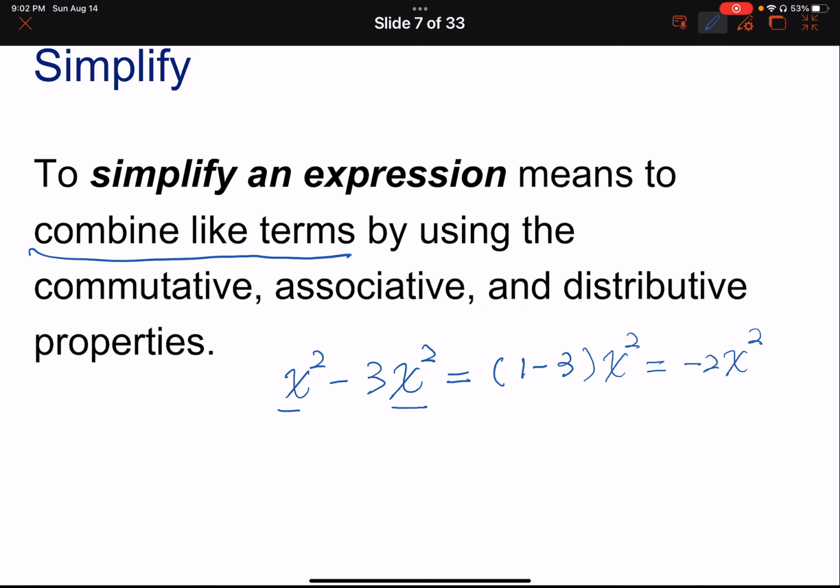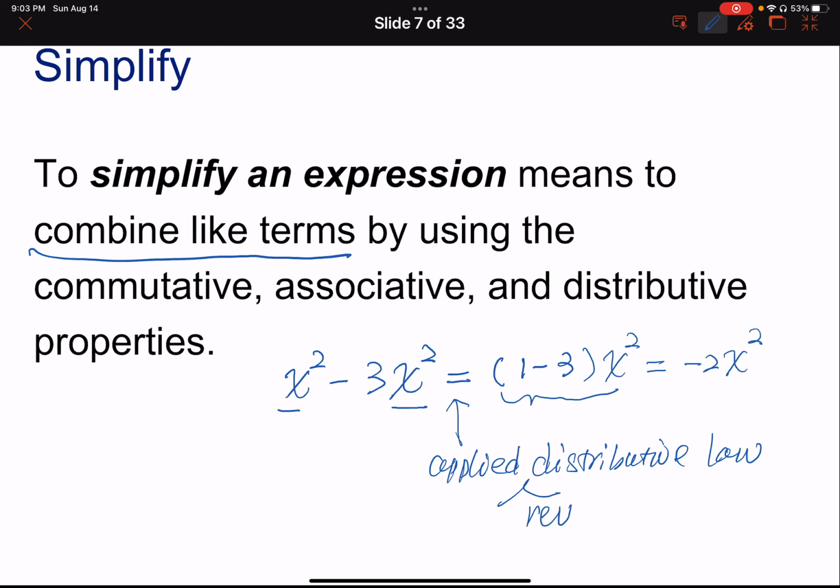And in fact, here you have already applied the distributive law, actually in reverse.